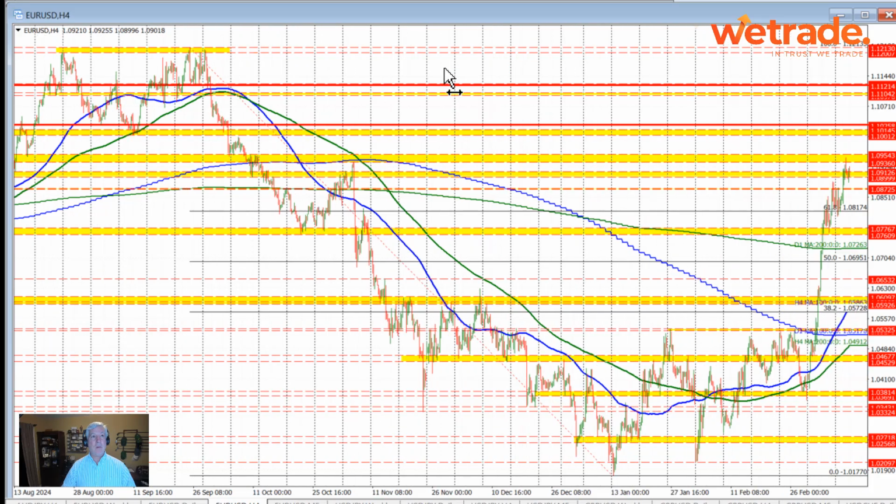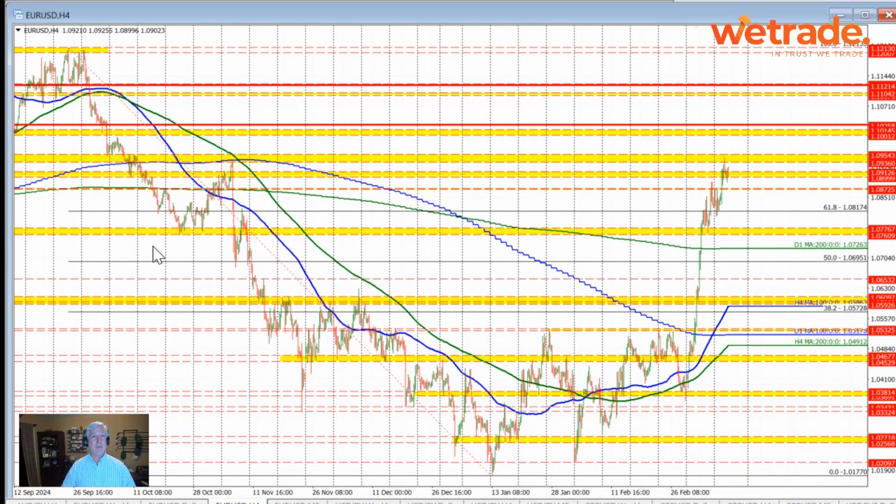Then we move forward to this area, where we again use this area initially as support, and then we use that level as resistance before moving to the downside. We rotated back up to the upside right here and found willing sellers that pushed the price down, and we didn't return to that level until this week, where the high price came right into the middle of that area between 1.0936 and 1.0954, and we rotated back to the downside, trading yesterday and here today.